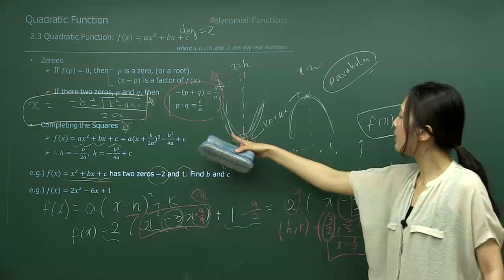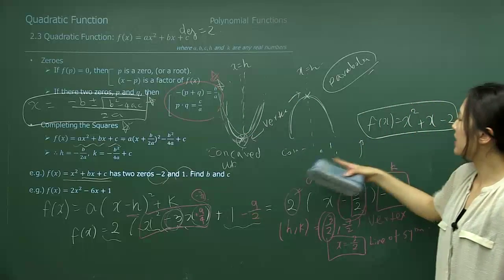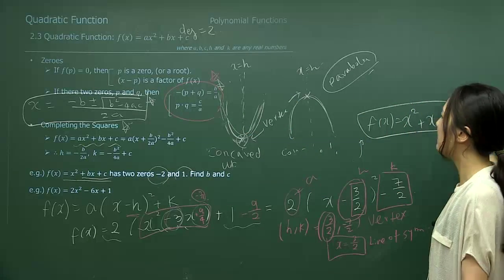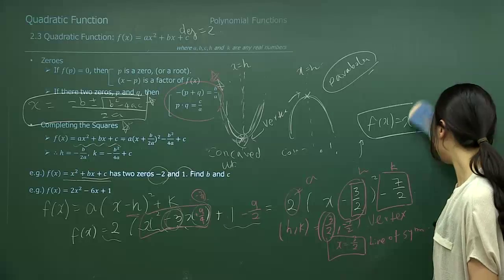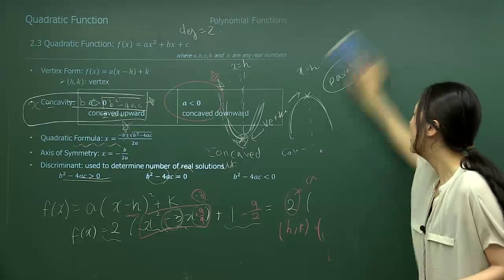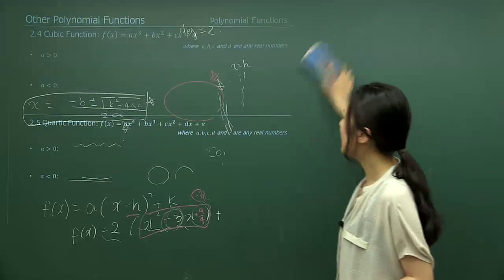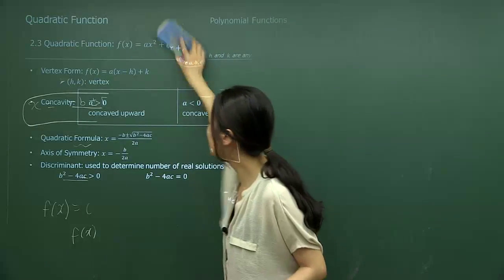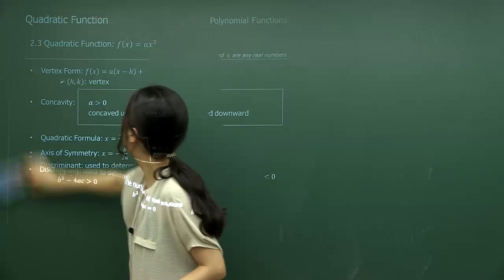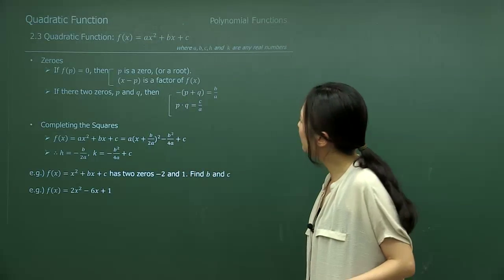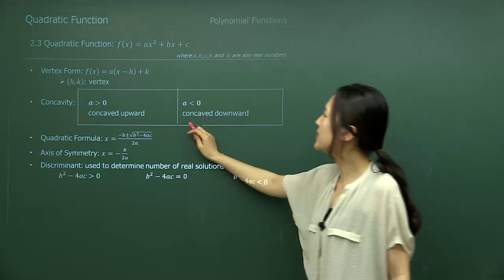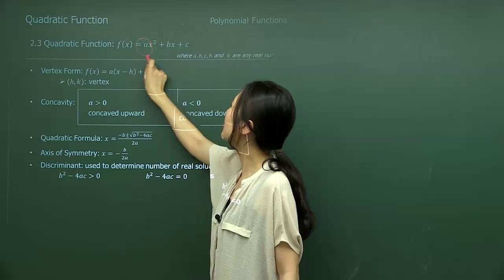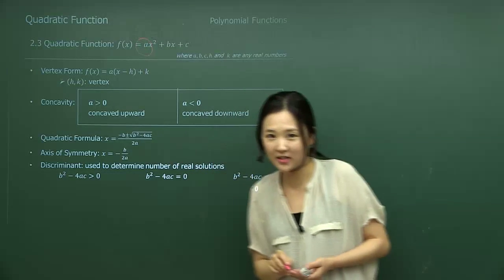Remember, we still have to understand what determines the concavity as well. Actually, that part is really simple. In order to understand the concavity of the function, you need to understand what the value of the leading coefficient is.